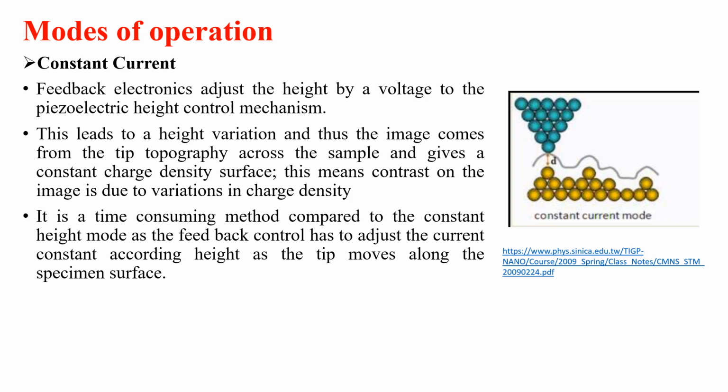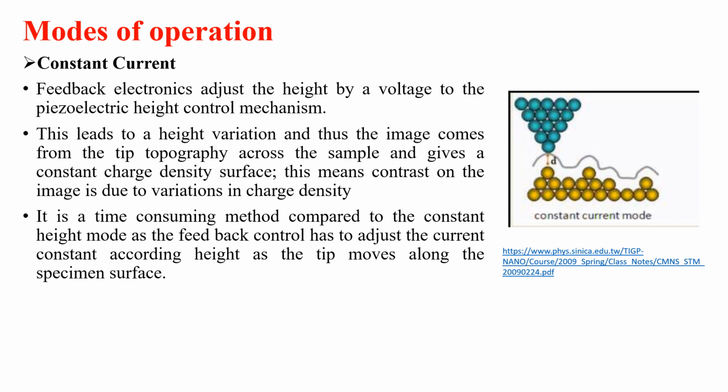mechanism. This means, if you can see in the figure, you can consider that there are positions a, b, c, d, so that means there is fluctuation on the surface. It is a constant current mode of operation, so we have to maintain the current constant, but there is variation in the topography.